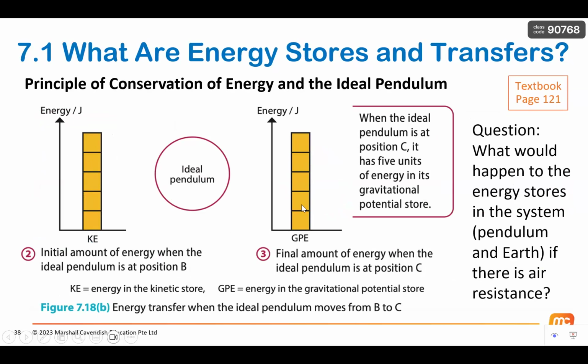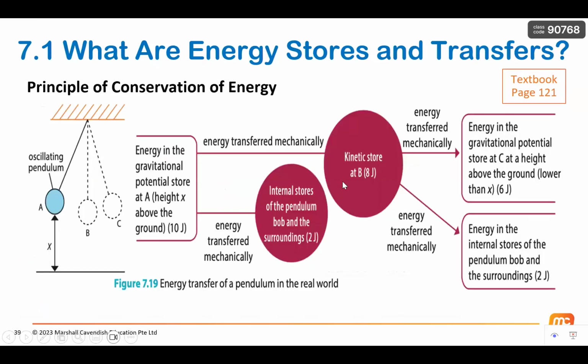Okay, but if there is air resistance, that means it's not an ideal pendulum. There will be some energy loss because of air resistance as the pendulum swings. So whenever there is air resistance, this is what's going to happen. Initially, I have gravitational potential store, 10 joules, at position A. As it swings towards B, energy gets transferred mechanically to the kinetic store, but my kinetic store will no longer be 10 joules.